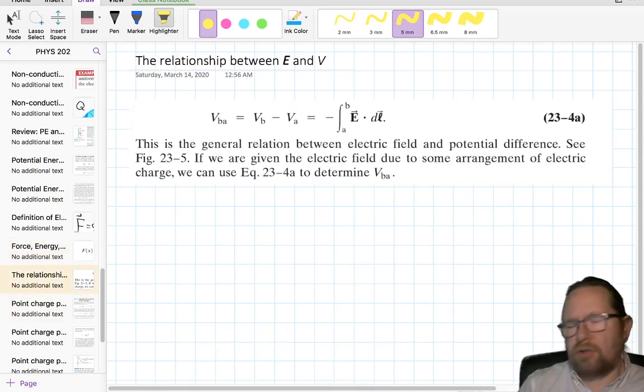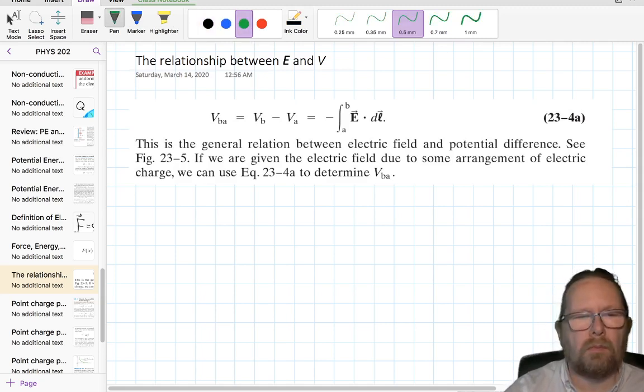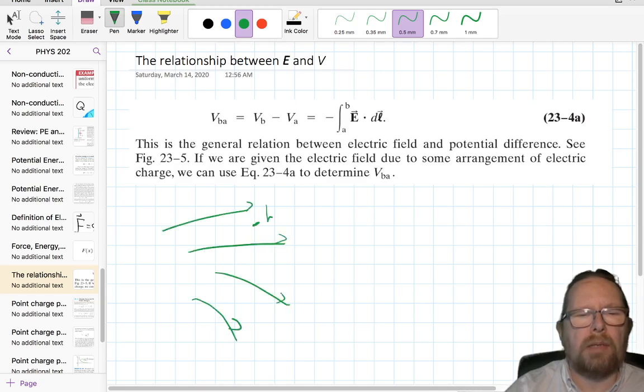Okay. If we flip this relationship around, we can write the potential difference between two points, A and B, if you've got a field in space and you've got two points, A and B. Then the difference in potential between those two points, delta V from A to B, is equal to the integral from A to B of E dot dl, the integral through space.